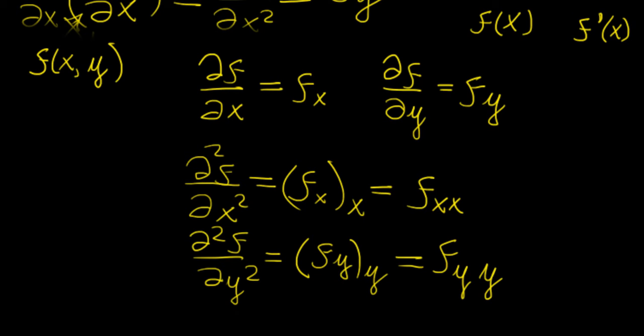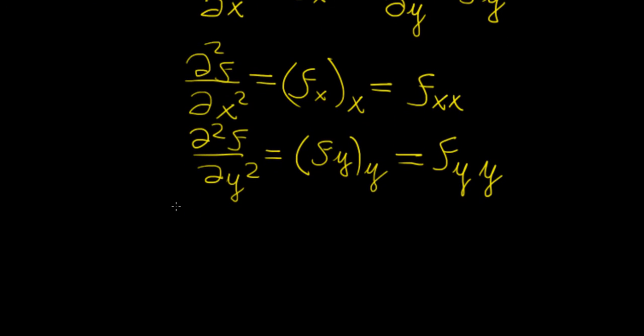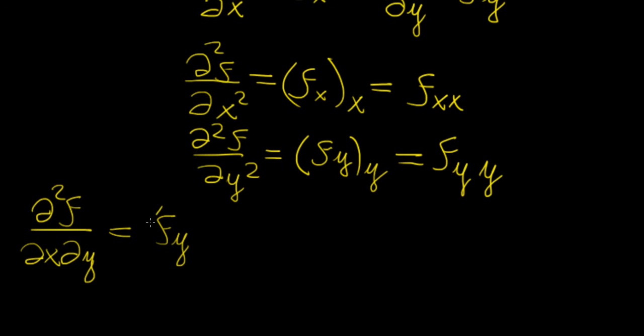And what happens with the mixed derivatives? How do we write the shorthand notation? Well, if you have this function, remember that now the operator with respect to x is acting on the derivative of f with respect to y. So this is the same as writing f of y now differentiated with respect to x.